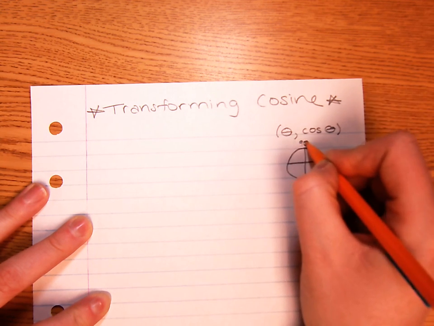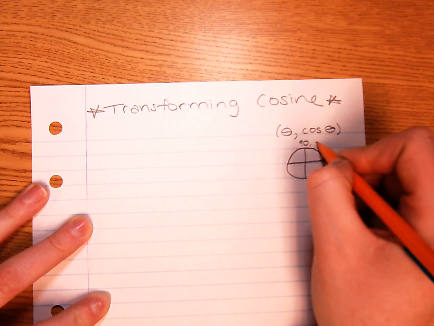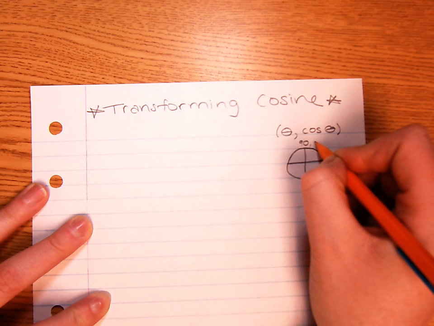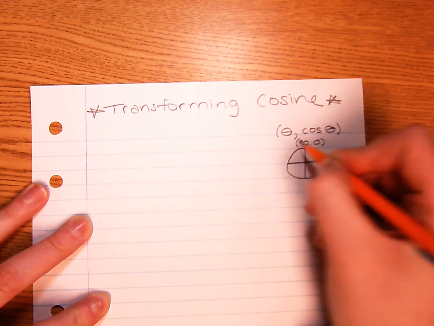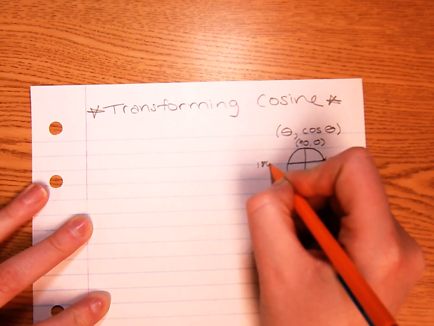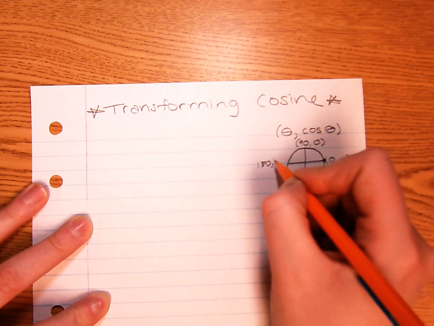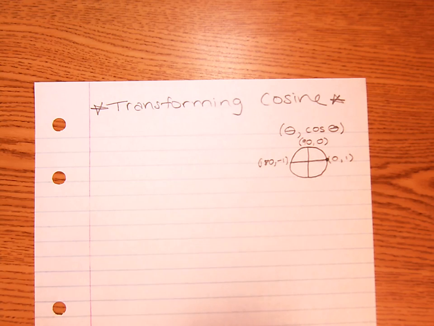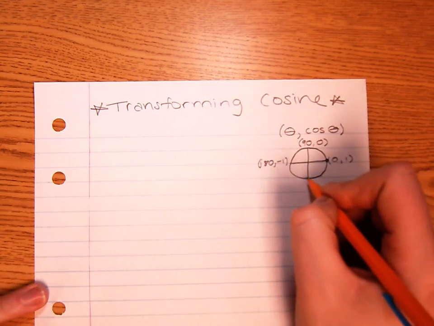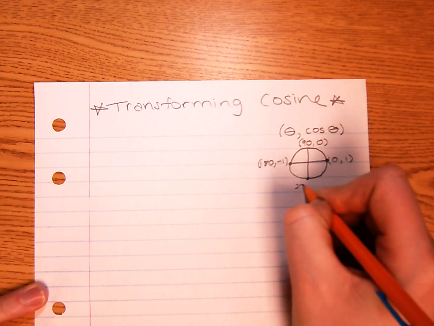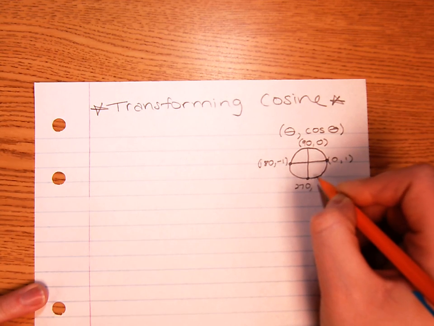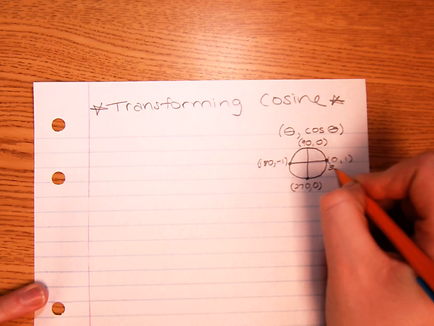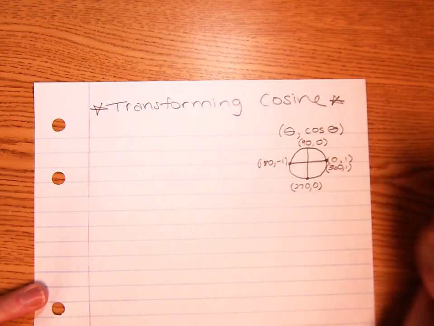At 90 degrees, in terms of Kermit, that would be our water level. In terms of here, we're just talking about the x-axis, we're at 0. At 180 degrees, we are down to our minimum point at negative 1. At 270 degrees, we're back up to 0. And then back at 360, we're back up to our relative maximum at 1.